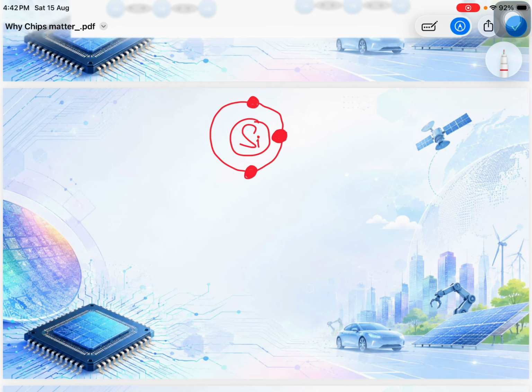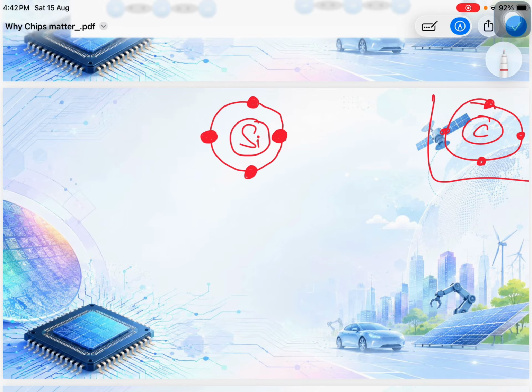UPSC prelims may not go in depth, but your state PSC exams can ask questions from here. Carbon also has 4 electrons in its outermost shell, and entire organic chemistry is based on this.